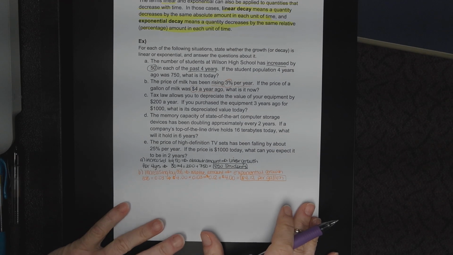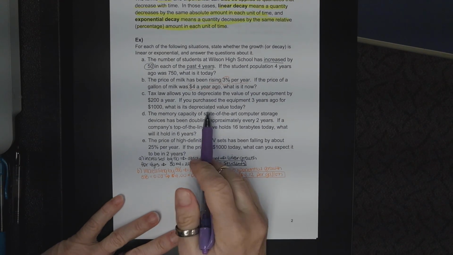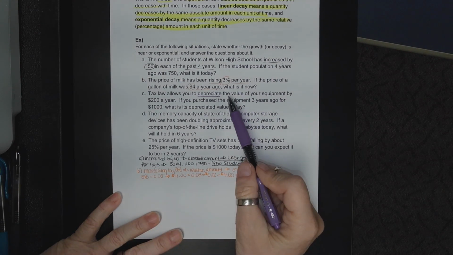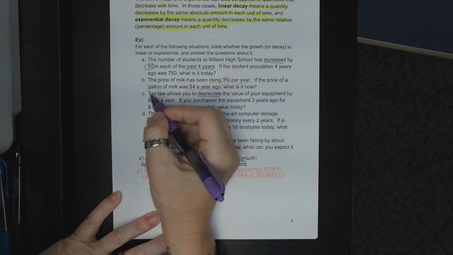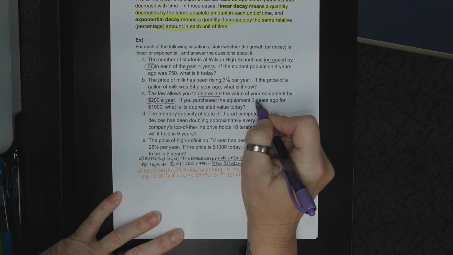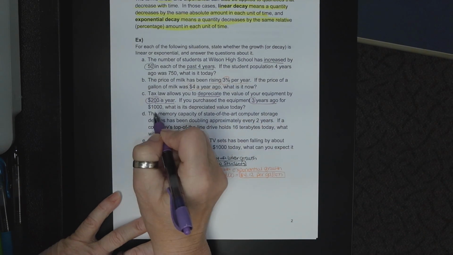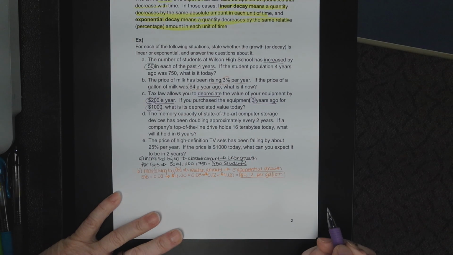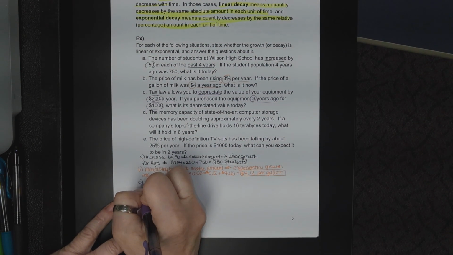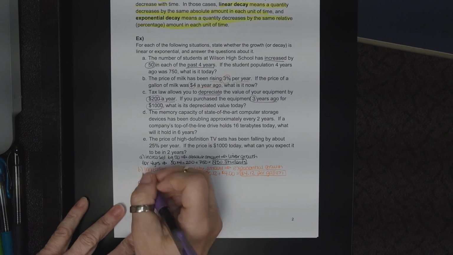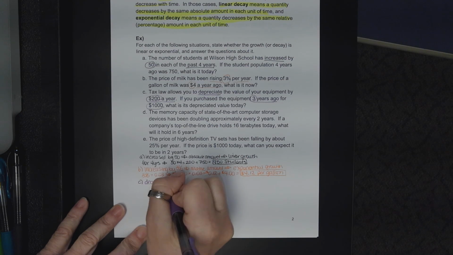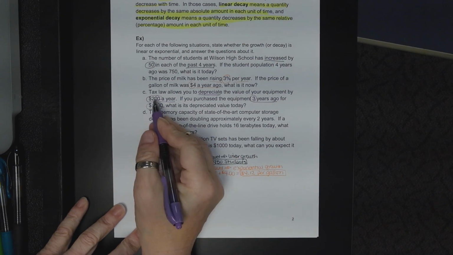All right, C. Tax law allows you to depreciate, which means to go down in value, right? Depreciate the value of your equipment by $200 a year. You purchased equipment 3 years ago for $1,000. What is your depreciated value today? So this is C. So you're going to decrease by $200.